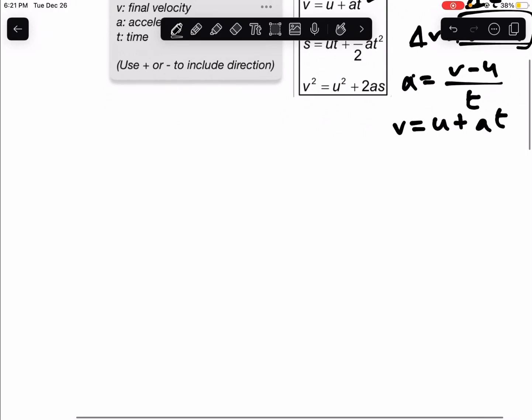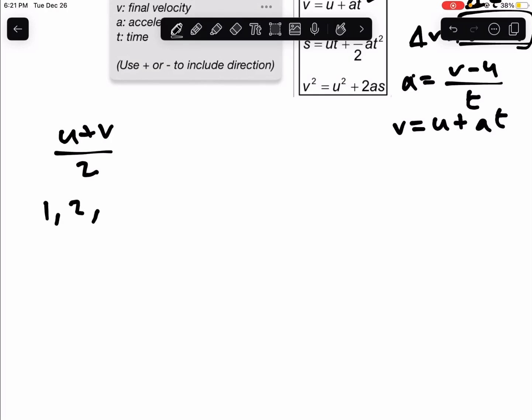Now, we also know that the average velocity is U plus V over 2, only if it is uniformly accelerated. Now, if you don't get this, say we have a sequence of numbers 1, 2, 3, 4, and 5.